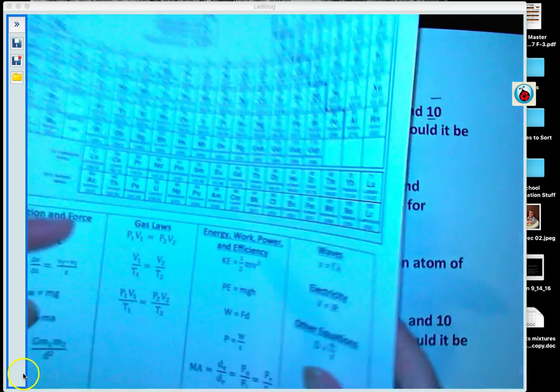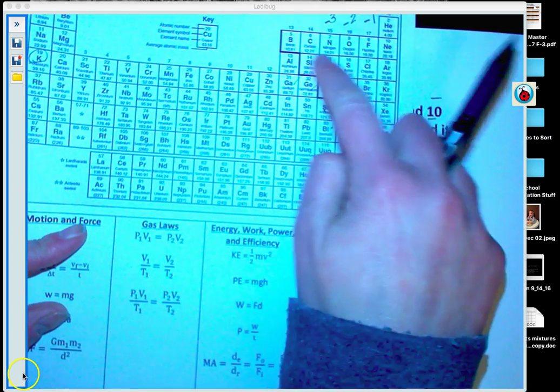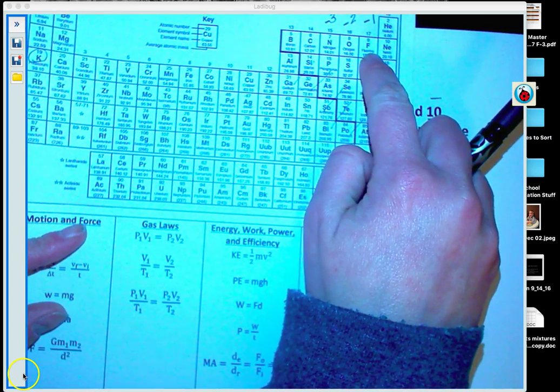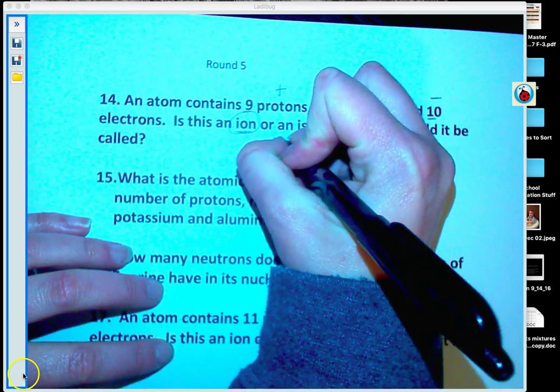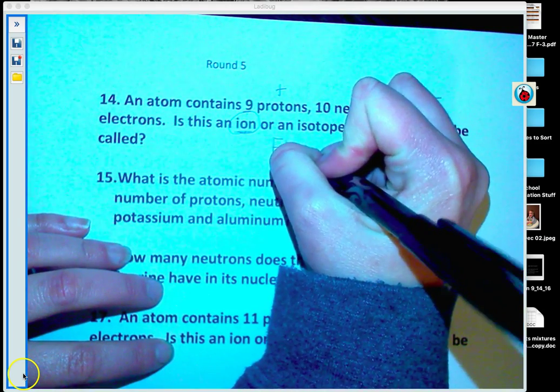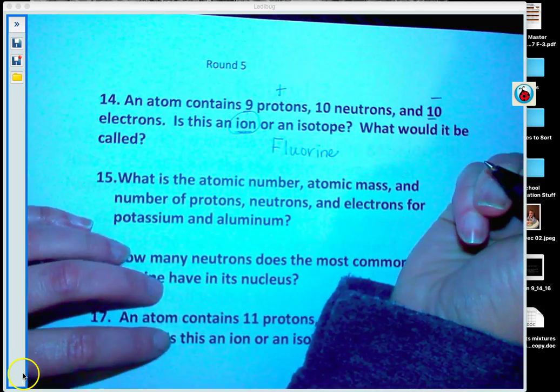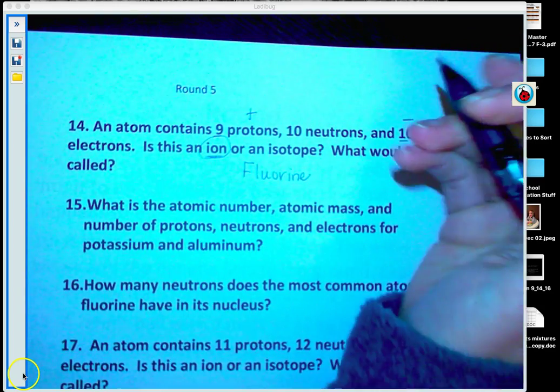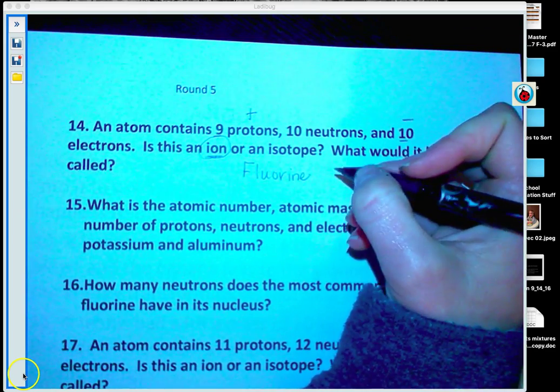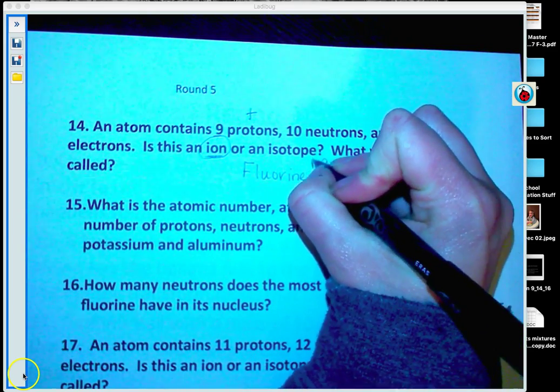So let's look over here on the periodic table and find number 9, which is this guy right here. It's fluorine. Fluoride is what they put in your toothpaste. Fluorine has 9 protons, as it tells us up here.